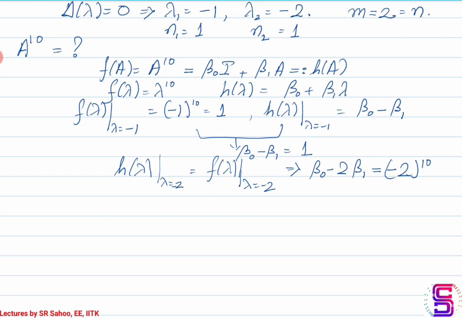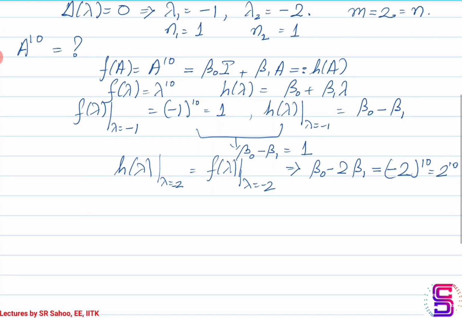Okay, minus 2 to the power 10 is also 2 to the power 10. So now we have two equations to solve for: beta 0 minus beta 1 is 1, and beta 0 minus 2 beta 1 is 2 power 10. So if we solve this, what do we get?